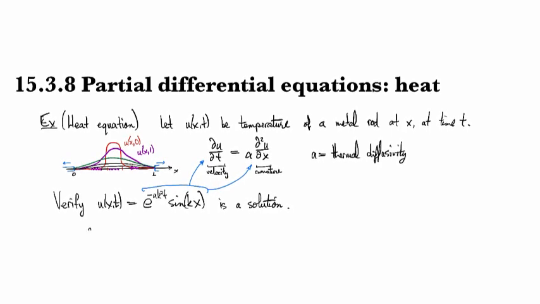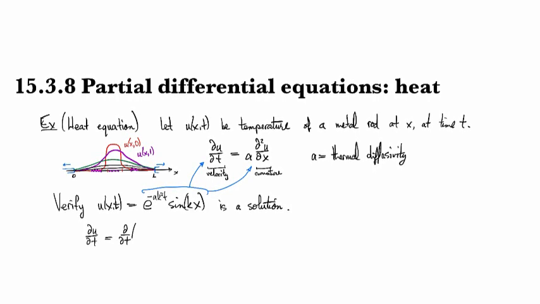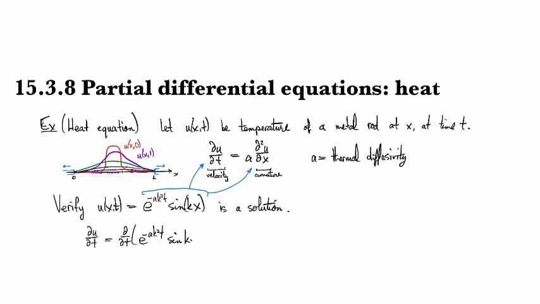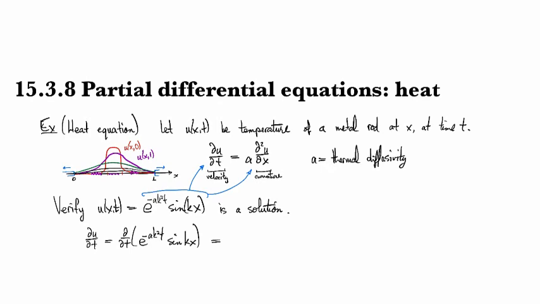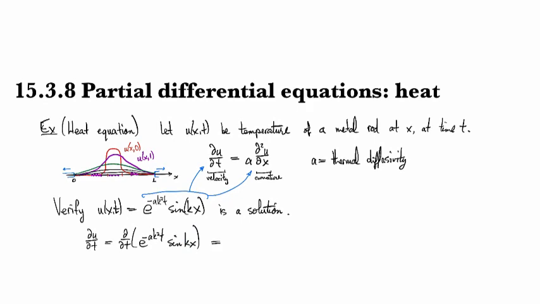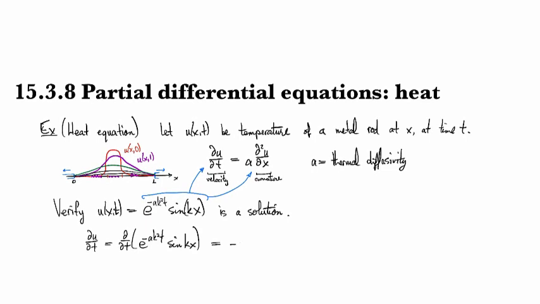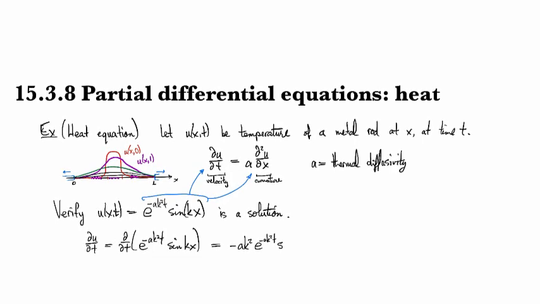Okay, so let's see. So we'll do the time derivative first. So this is d/dt of the business here. And so when we differentiate with respect to t, we notice that there are no t's in this sine portion here, so that's just a constant as far as we're concerned. And we just differentiate the exponential, and it kicks out a copy of its exponent. And then we get the same thing left behind. And then we have that constant sin(kx).